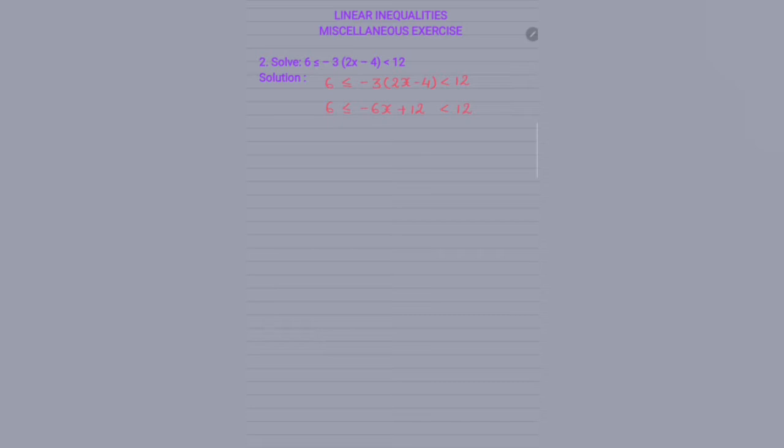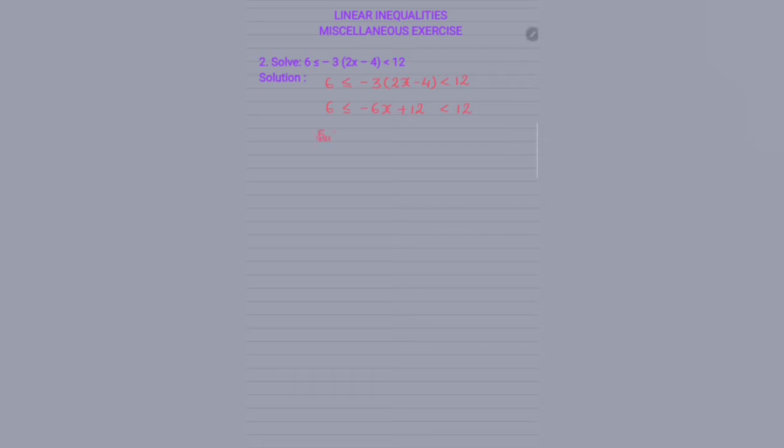To find the value of x, we will make x stand between the inequality signs, and the coefficient of x must be plus 1, with no constant added or subtracted to x. So first of all, eliminate the plus 12 which is added to minus 6x.